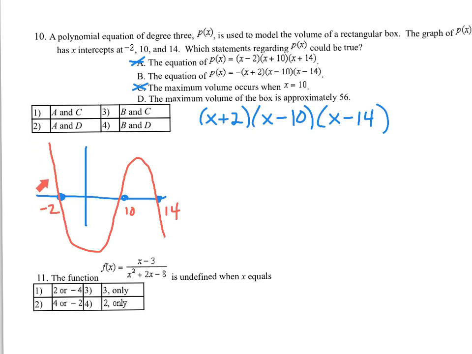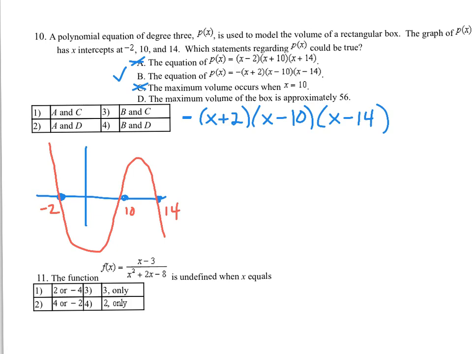So that determines whether our leading coefficient is positive or negative. And in this case, since p of x is decreasing, then we know that the lead coefficient is negative. So far, choice B is a go.